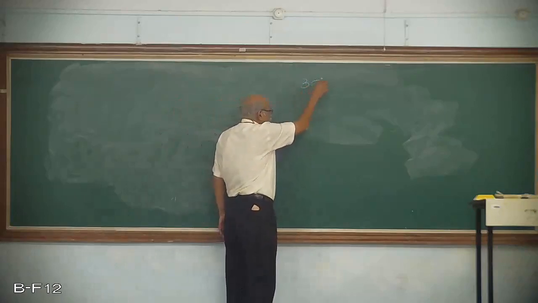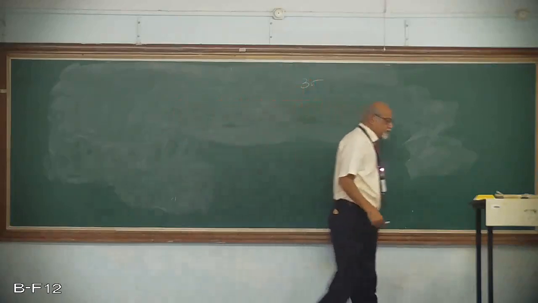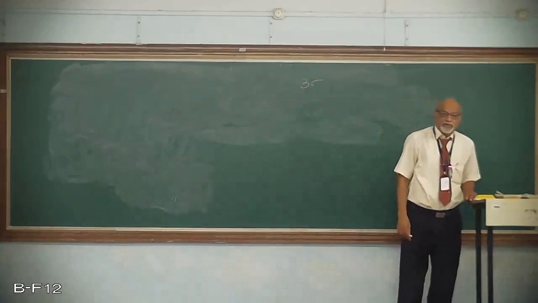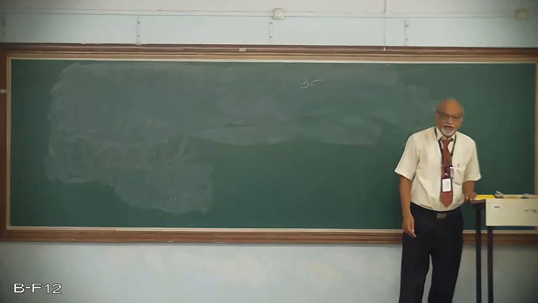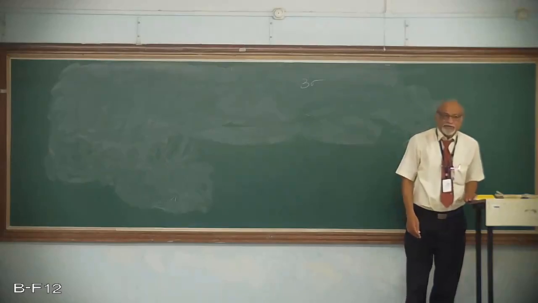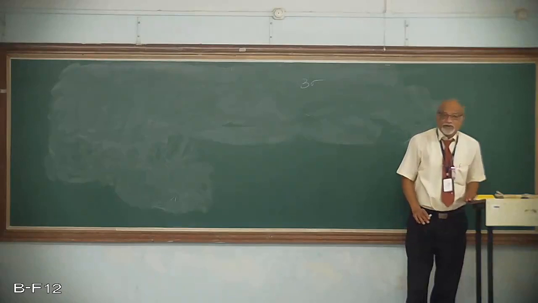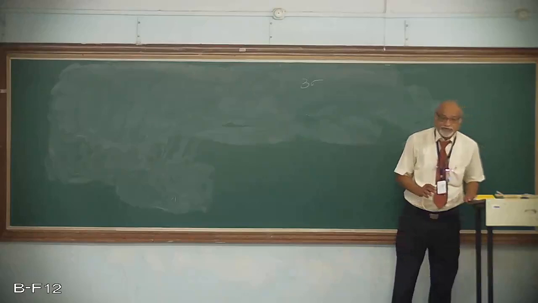Mind that in the previous class itself, I told you the control limits will be 3 sigma distance away from the mean. So we were talking about that, expressing their values.